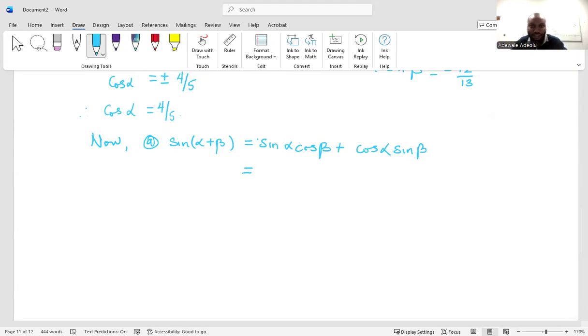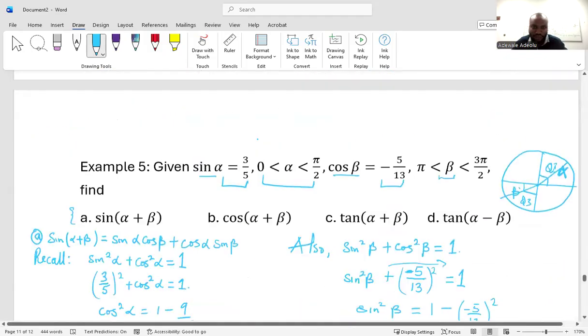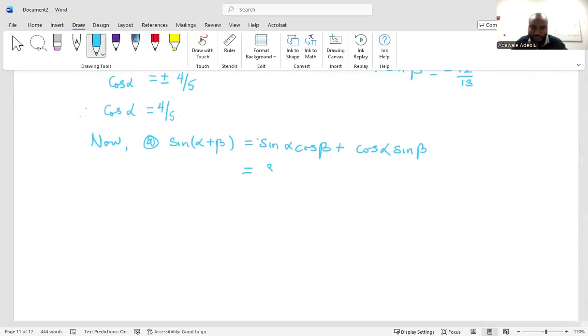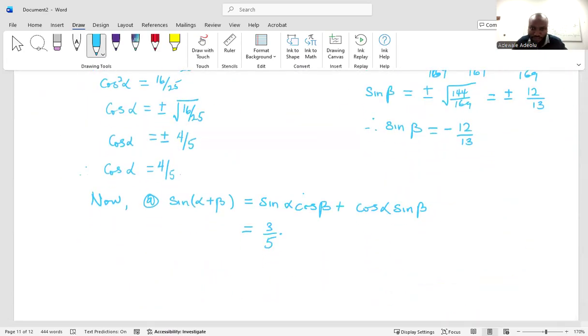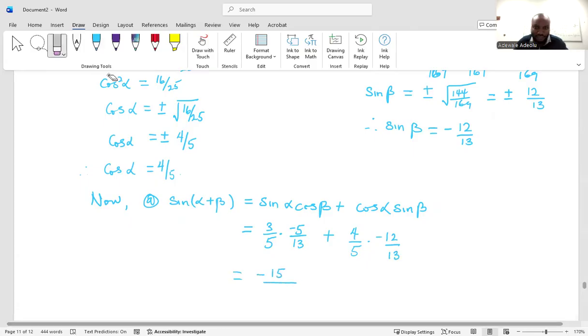Sine of alpha is 3 over 5 times cosine of beta, minus 5 over 13, plus cosine of alpha, 4 over 5, times sine of beta, minus 12 over 13. So this is minus 15 over, oh, we don't need to do that. Since this is multiplication, then we can cancel the 5 here and the 5 here.